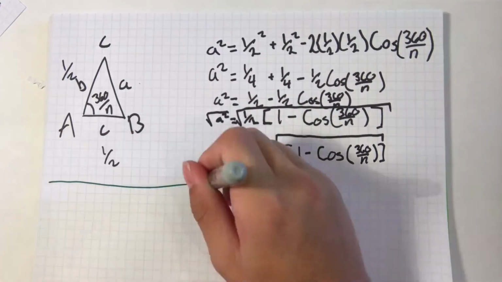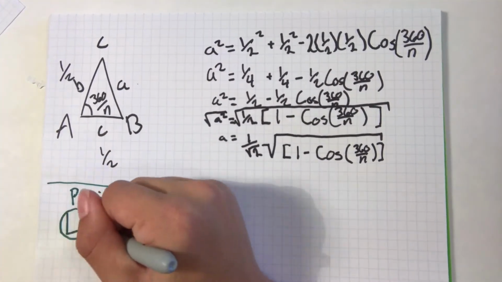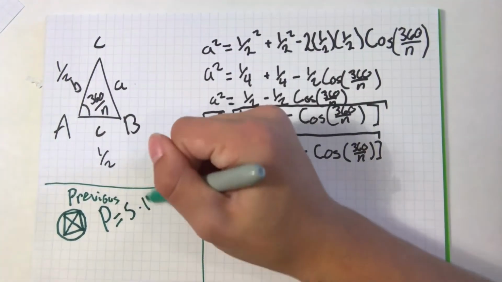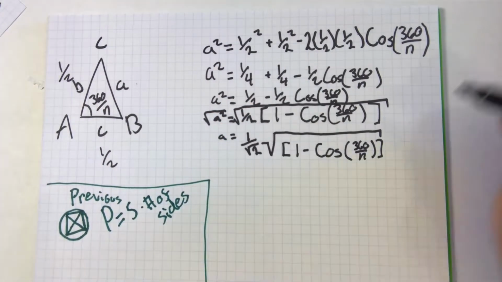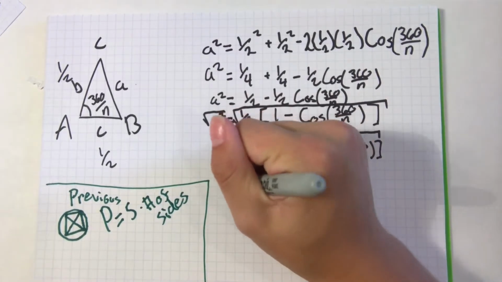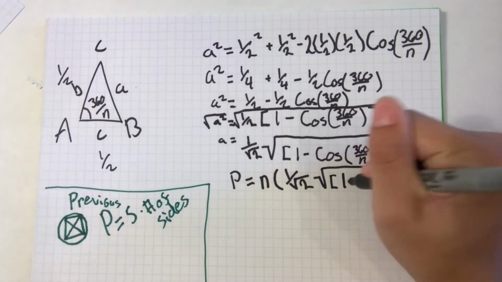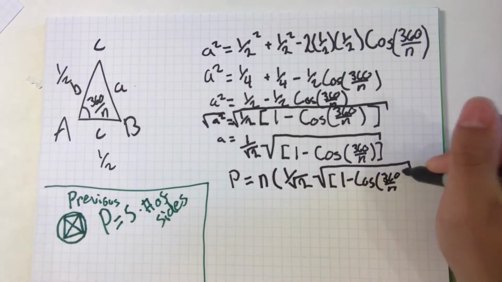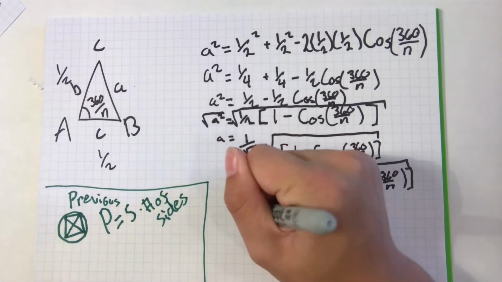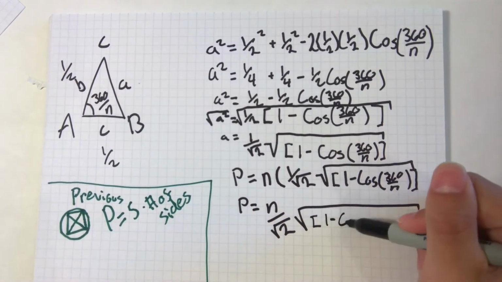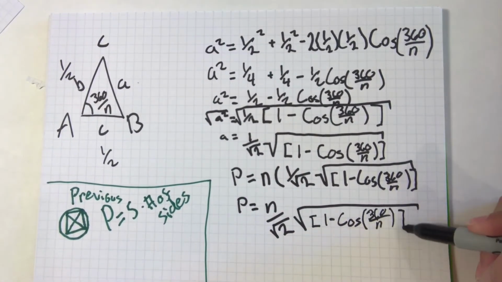So we can look back on our first equation to see that the perimeter was the side times the number of sides. So now we'll multiply by n, and now we get n over root 2 times the square root of the quantity of 1 minus the cosine of 360 on n. Now we will plug in a larger number and a smaller number to see which one is a closer approximation of pi.